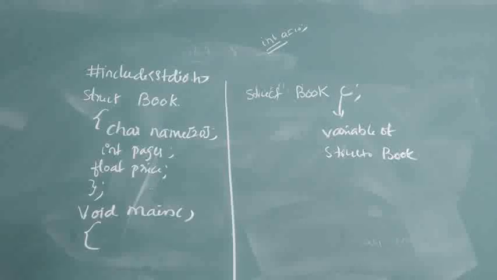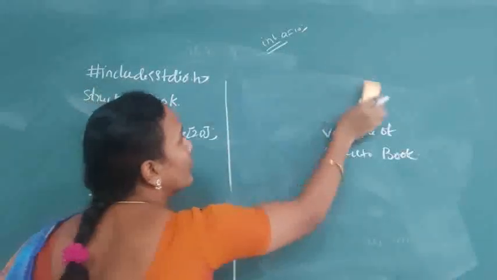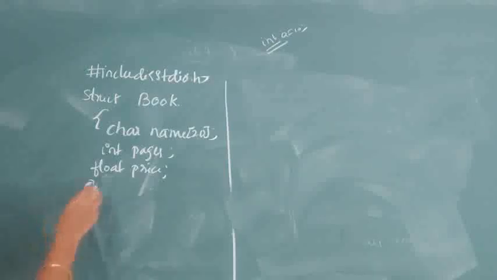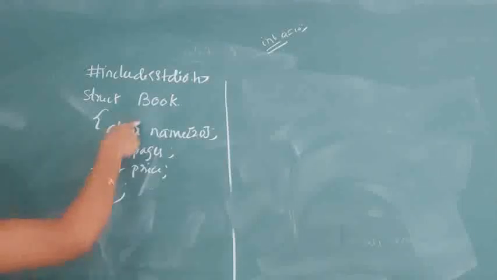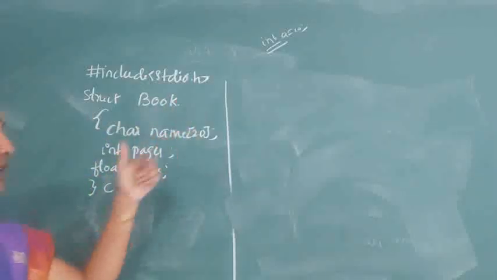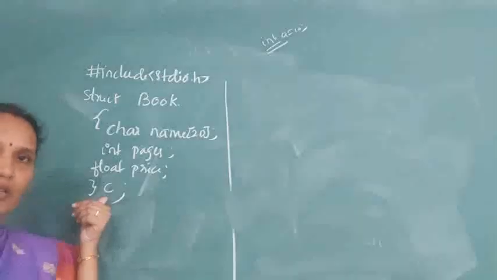Now, one more method. Whatever C you declared in the main function, that same C you can declare here also. After closing this, C semicolon. Now C is the variable of this structure. Two ways you can do. One is in the main function and the second one is after creating the structure. Understood?